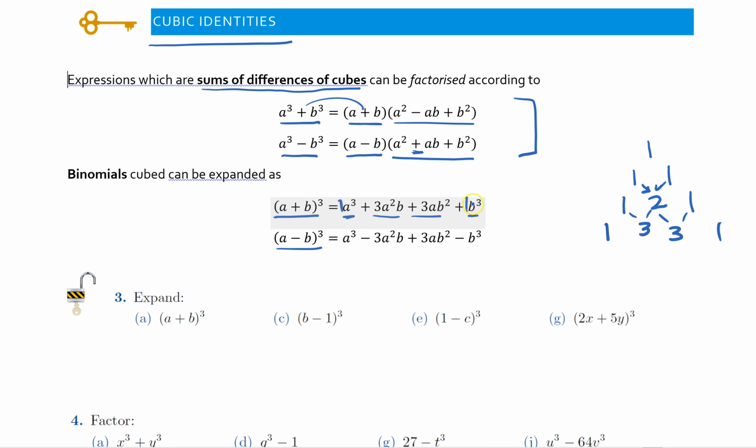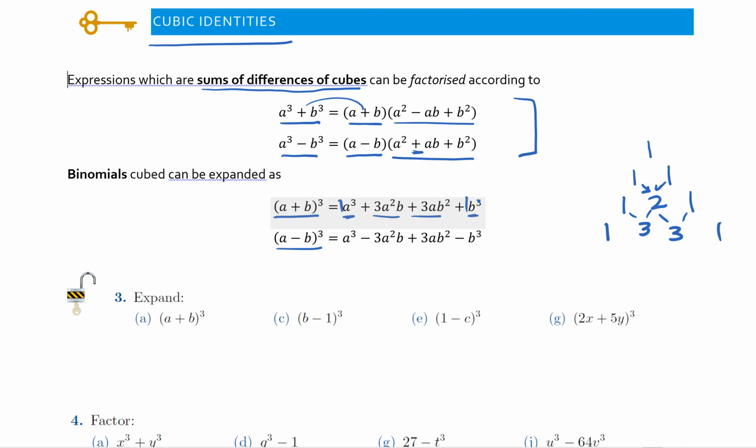And the b cubed, or the b, goes in the opposite progression. So it's b to the power of 0, b to the power of 1, b to the power of 2, b cubed. Tedious, and you have to pay attention to detail, but you will get there.